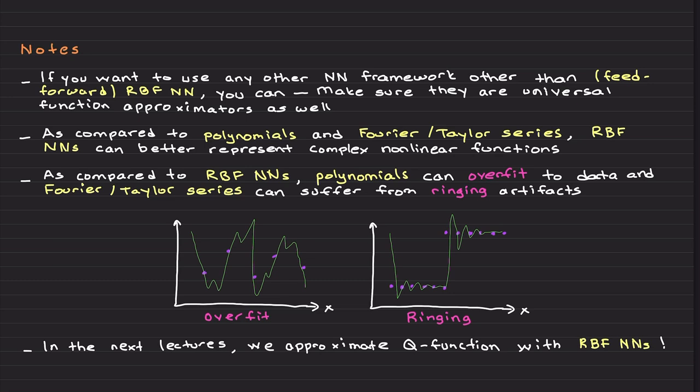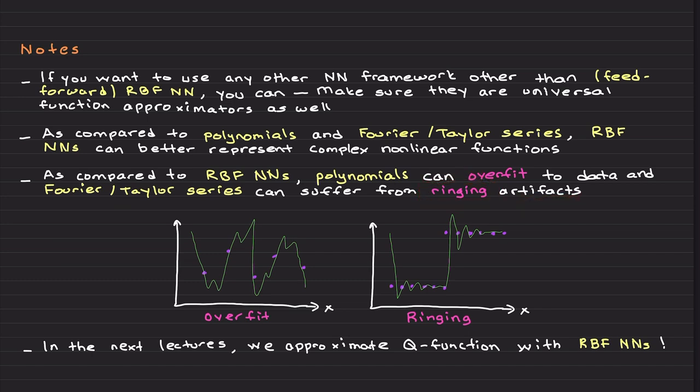One more comment: as compared to radial basis function neural networks, polynomials can overfit to data. What I mean by that is, instead of fitting nicely, like this, you see overfitting happening. And Fourier and Taylor series can also suffer from ringing artifacts.